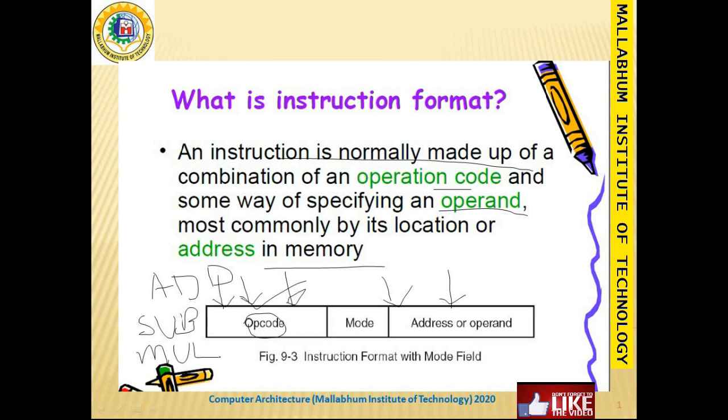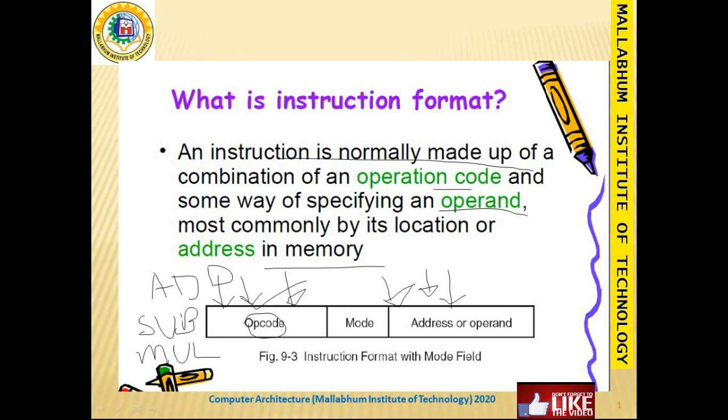Next is address. The address field designates a memory address or a processor register as an operand. To add two numbers, you have to specify the numbers that have to be added. That is specified with the help of an address, where it is located. Next is mode.